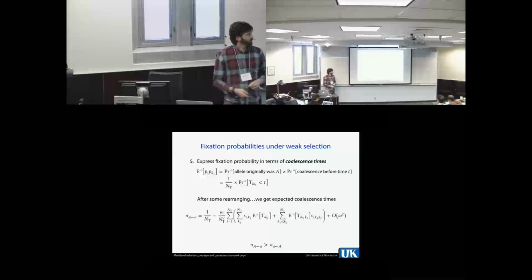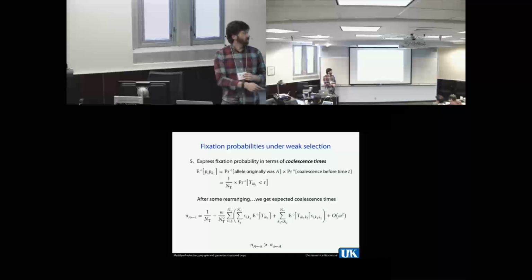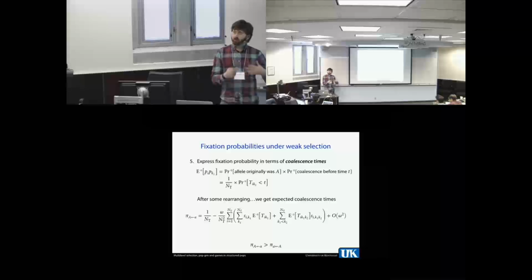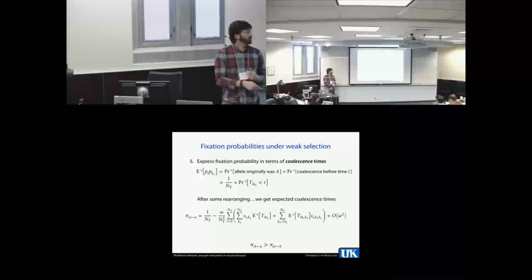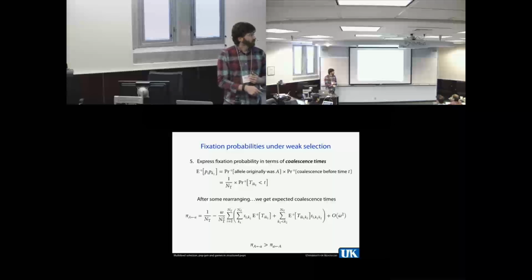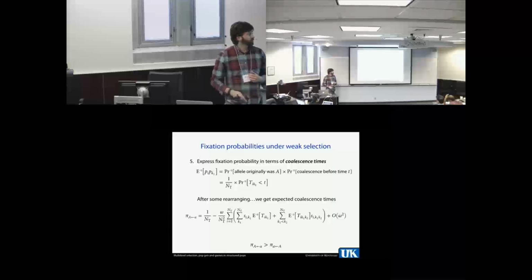So after rearranging and some other work, these things all sum up to be expected coalescence times. So we still have these selection coefficients like we did before, the costs and the benefits, these multiplicative effects of the behavior on fitness, and they're all now multiplied by the coalescence between individual I and K's gene, and between individual I and then K1 and K2's genes.